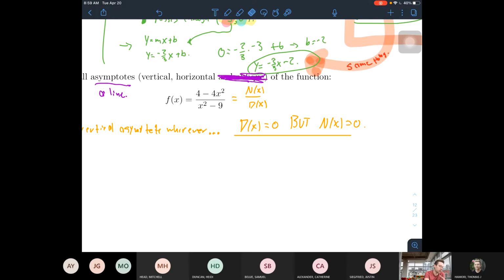Well, the denominator is 0 when x is equal to plus or minus 3, right? If I plug in 3 squared or negative 3 squared. And I can see that the numerator is definitely not going to be 0 for those values of x, because if I plug in 3, I'd get 4 minus 36, and if I plugged in negative 3, I'd get 4 minus 36. And neither of those are 0. So we're going to have a vertical asymptote at x equals 3 and x equals negative 3.